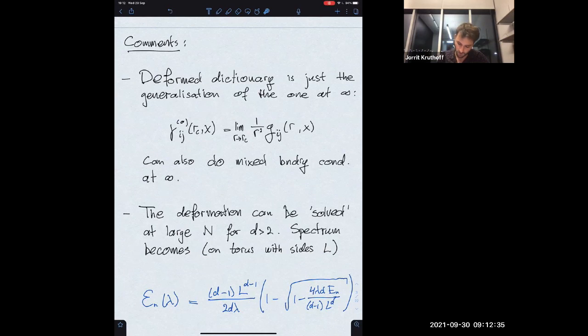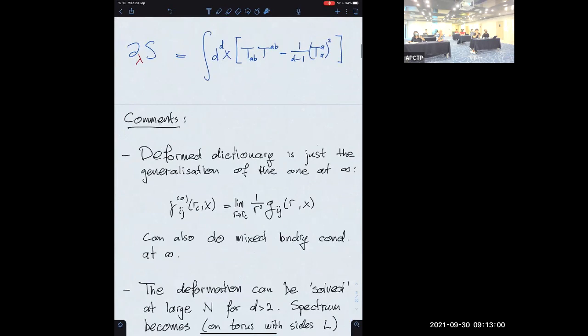And well, this formula will get a bit more complicated in the same way as the bulk geometry becomes more complicated. It's just a reflection of the duality. The fact that these energy levels become more complicated is also related to the fact that the deformation operator itself becomes more complicated.